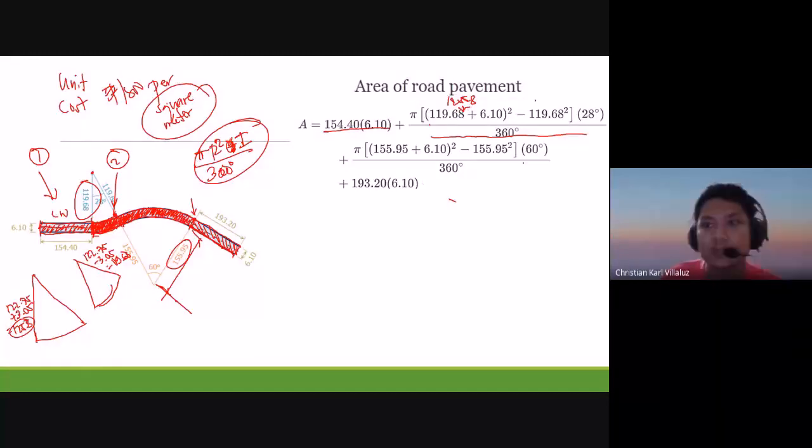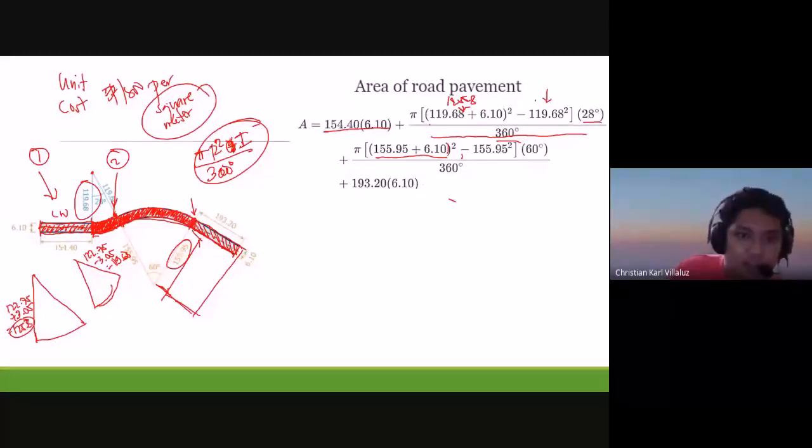Squared, then subtract 119.68 squared, the smaller sector, then times I, 28 degrees, over 360 degrees. Same for the second curve: 155.95 plus 2 lanes, 6.1, squared, minus 155.95 squared, times 60 degrees over 360 degrees. Then add the area of this rectangle, 193.2 times 6.1.